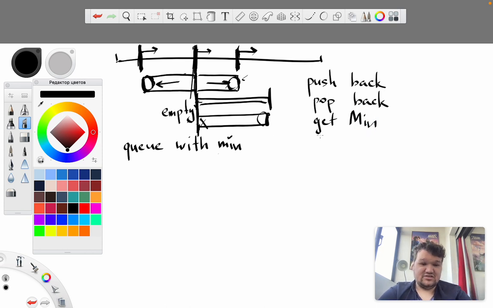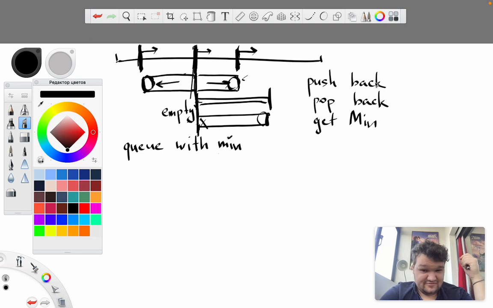Just maintain another stack in which you write minimums, and so when you push back some new element, you will recalculate the new minimum and push it to the stack of minimums. It will be just the minimum of everything that was in the stack before and the new element. And when you pop an element, you need to pop the corresponding minimum. And get min is just taking the top element of the stack.